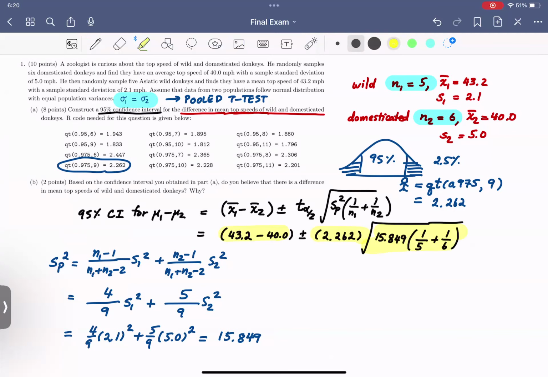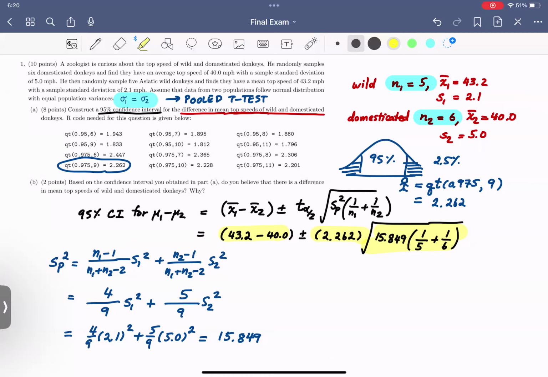Now you can use the formula and get the answer. Let me put it in the calculator pretty quick. Times 2.262, and then multiply by the square root of 15.849 times 1 over 5 plus 1 over 6.